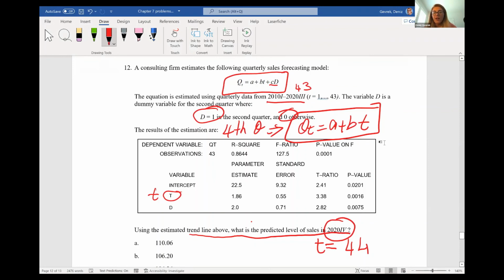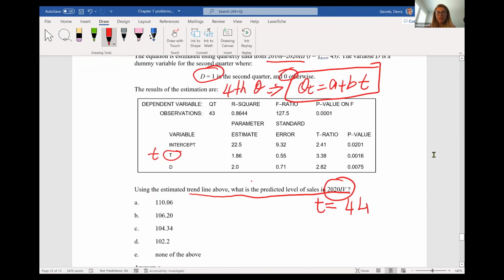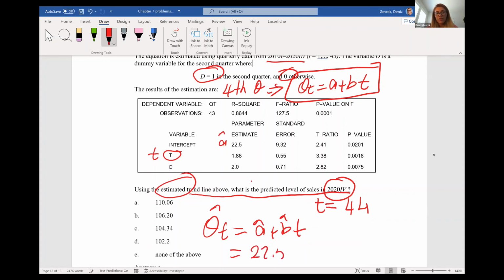All right, so I am going to just plug in the parameter estimates, right? Q_t hat equals, we can put a hat because we're trying to find the estimated trend line. So A hat plus B hat t. A hat is 22.5 plus, what's B hat? B hat is the coefficient estimate of this trend line, 1.86 times t.